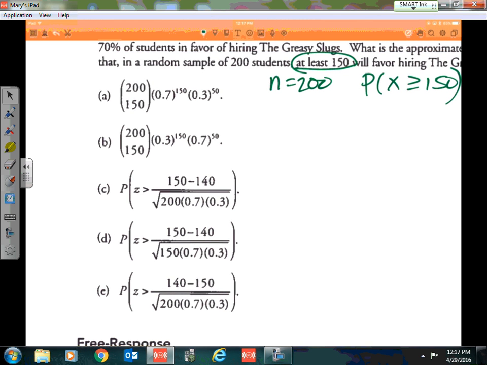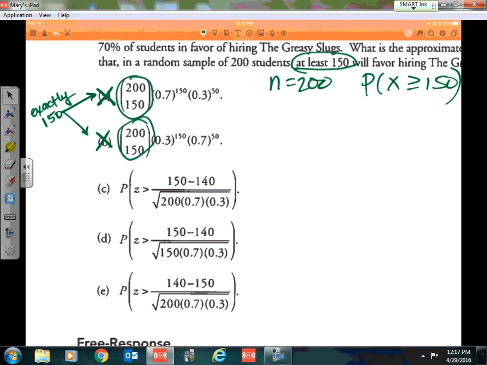What are these binomial ones having you compute? They are having you compute exactly 150. Am I wanting exactly 150? No. So they are gone. They're out of there. So obviously, I need a z-score.